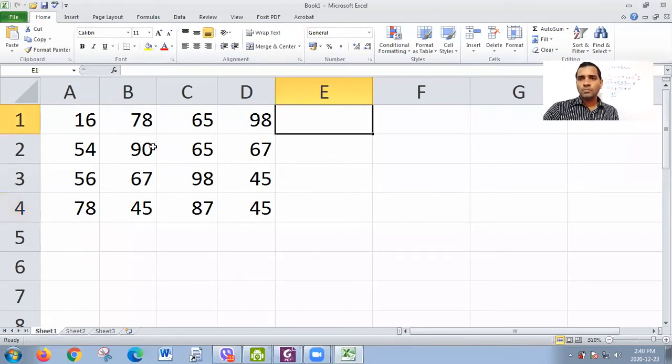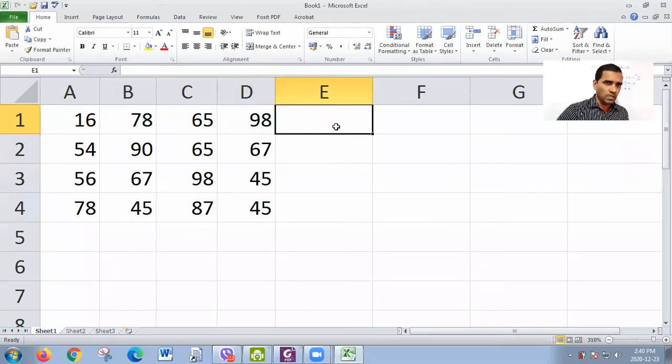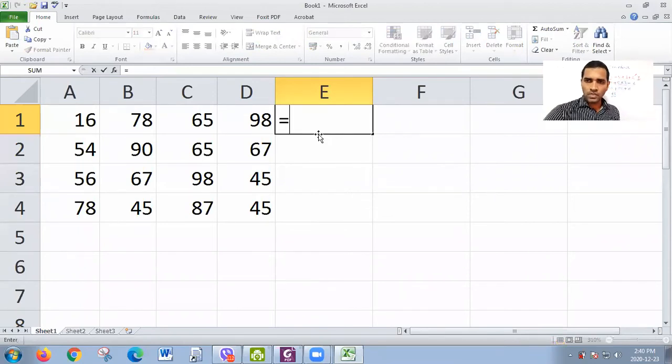Let me write a formula here. Watch carefully, because it is important to get a solid foundation. I need to add all these 4 numbers together and show the result in E1. Let's type a simple formula first. Equal, because as we discussed earlier, every formula must begin with the equal symbol.